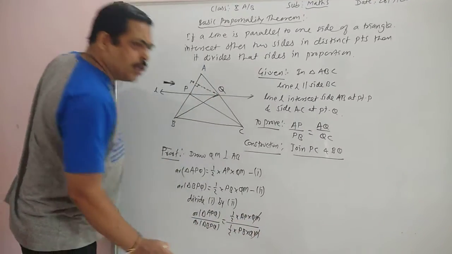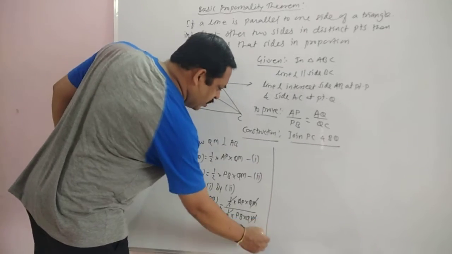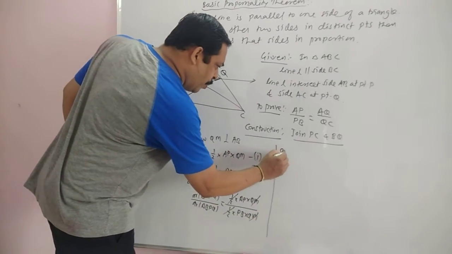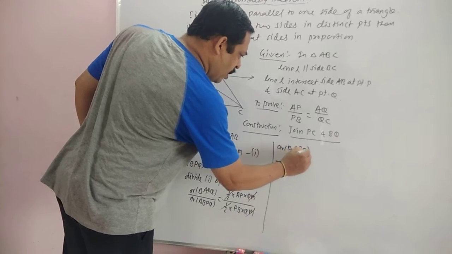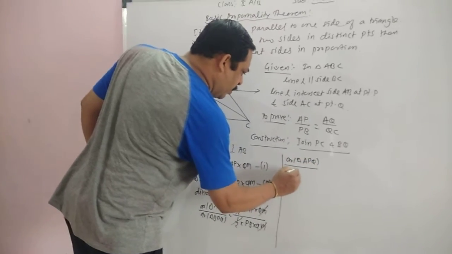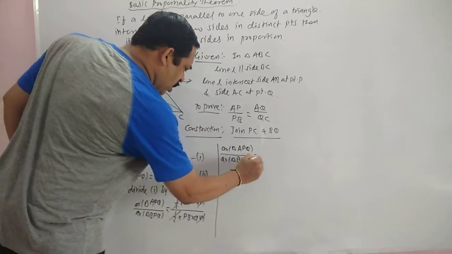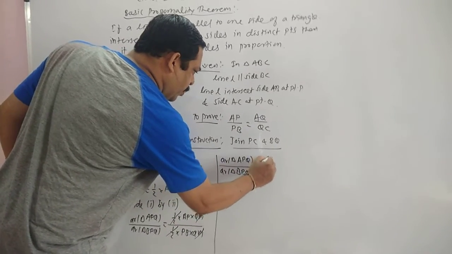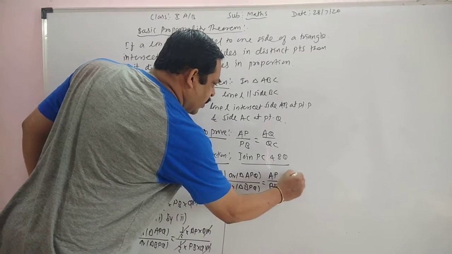The same height QM and 1 by 2 get cancelled. We get area of triangle APQ upon area of triangle BPQ equal to AP upon PB. We denote it as equation number 3.